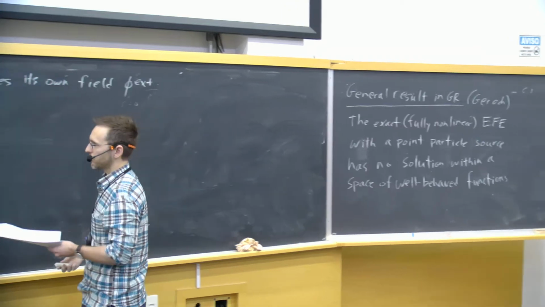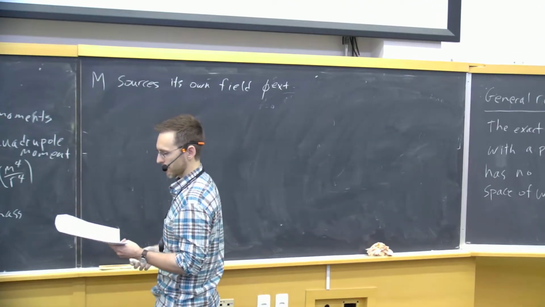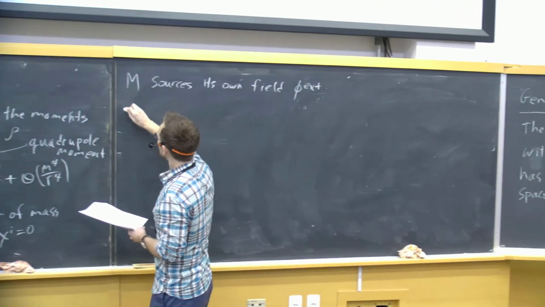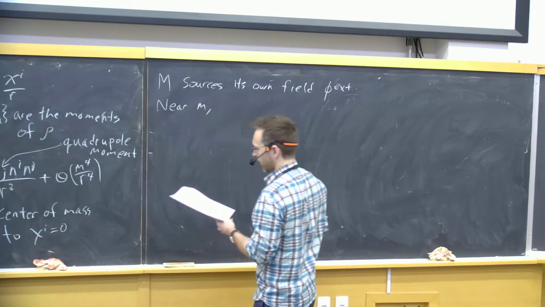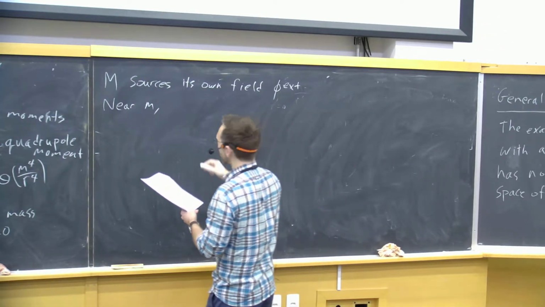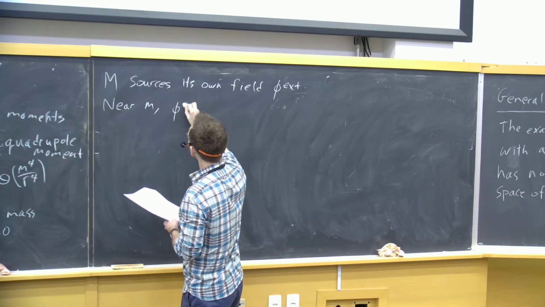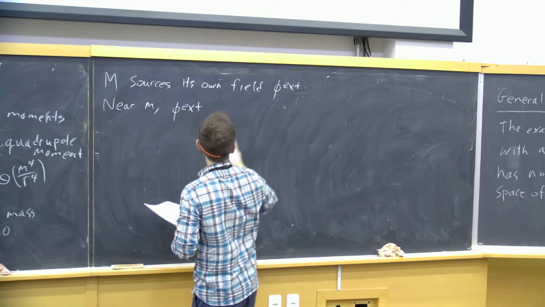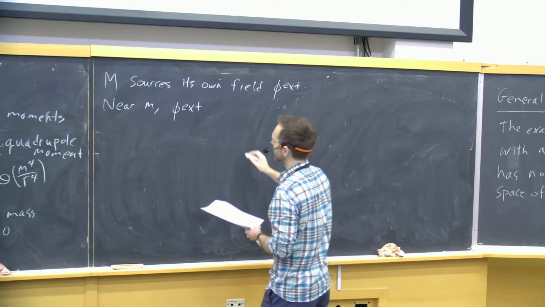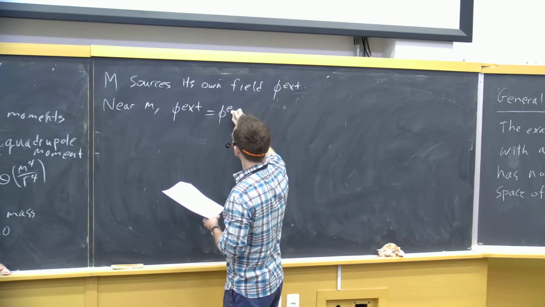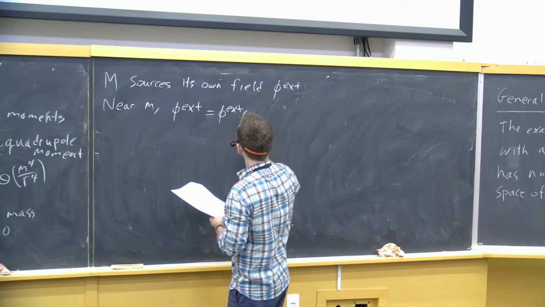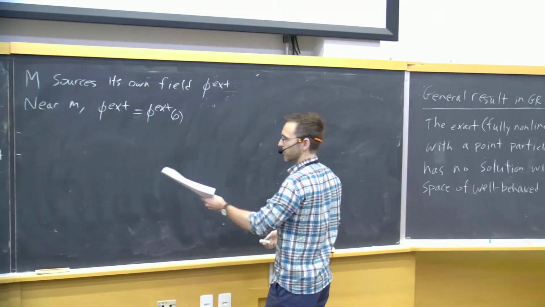So it's what the small object perceives to be the external gravitational field. Near the small object, we can always expand this external field in a Taylor series around the origin of this coordinate system.